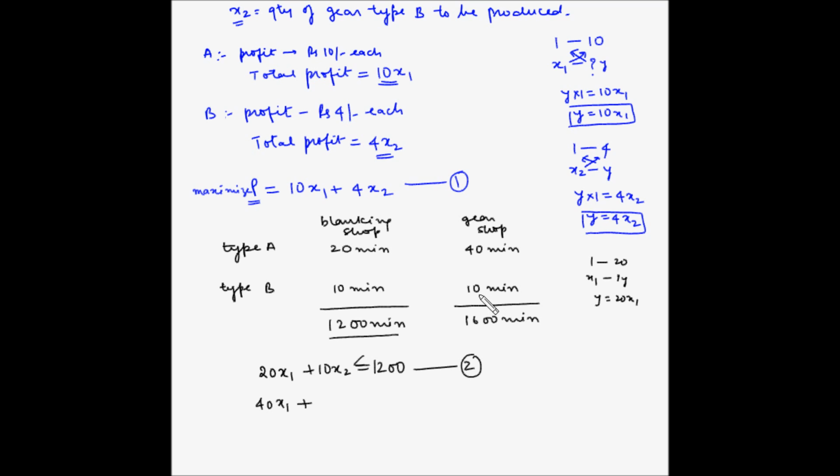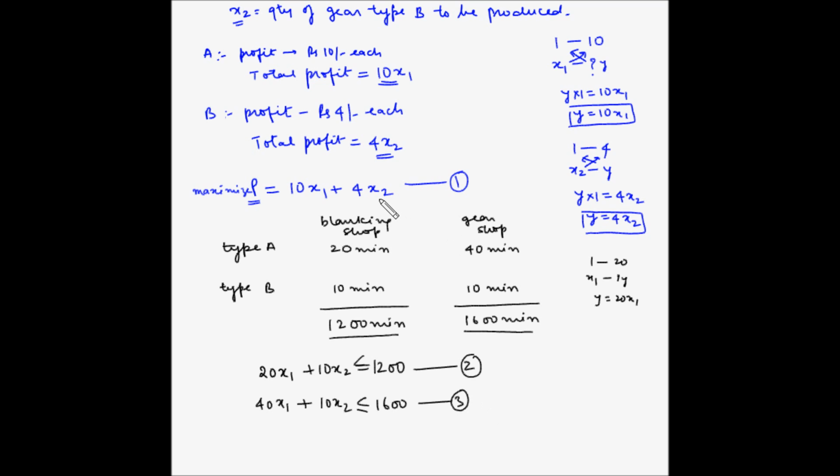So the total time taken by all the gears of type B is 10x2. So 10 times x2, and the constraint of total time at the gear shop is 1600 minutes. So this should be less than or equal to 1600. This is our second constraint. We call it number 3.